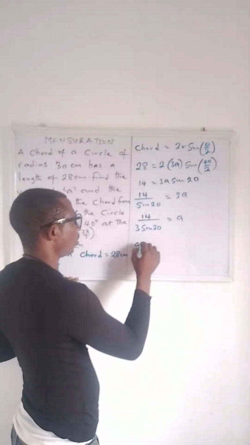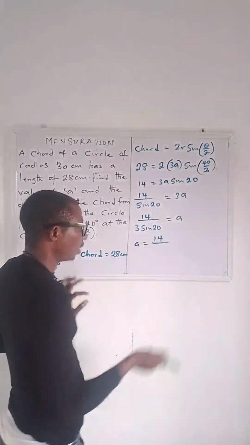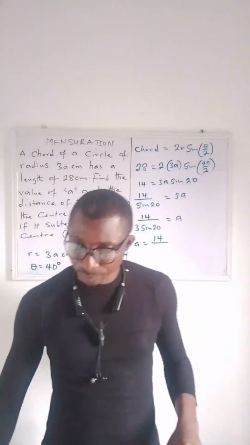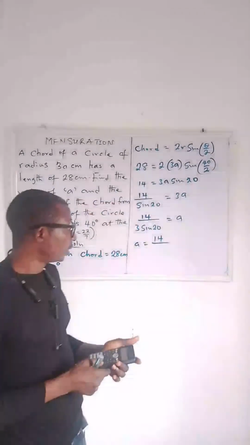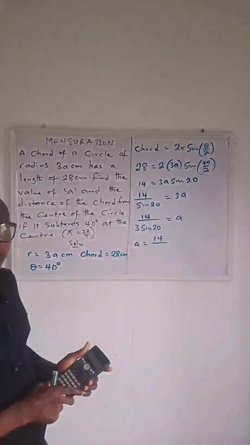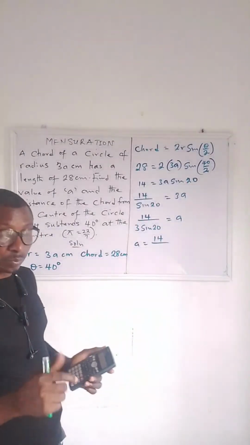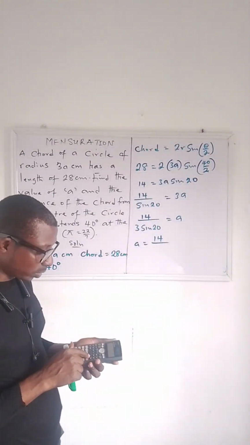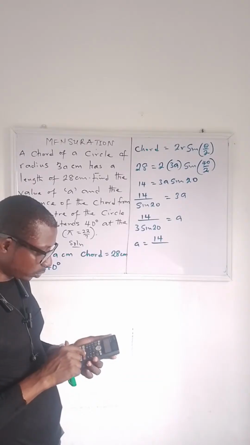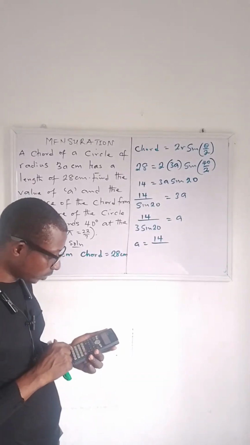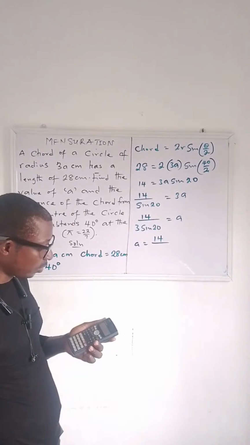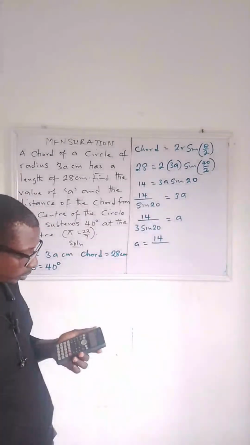So now let's see, what do we have? 14 over. Check your 4-figure table and search for sine 20, or you press your calculator. What is sine 20? Sine 20 gives you 0.6420.